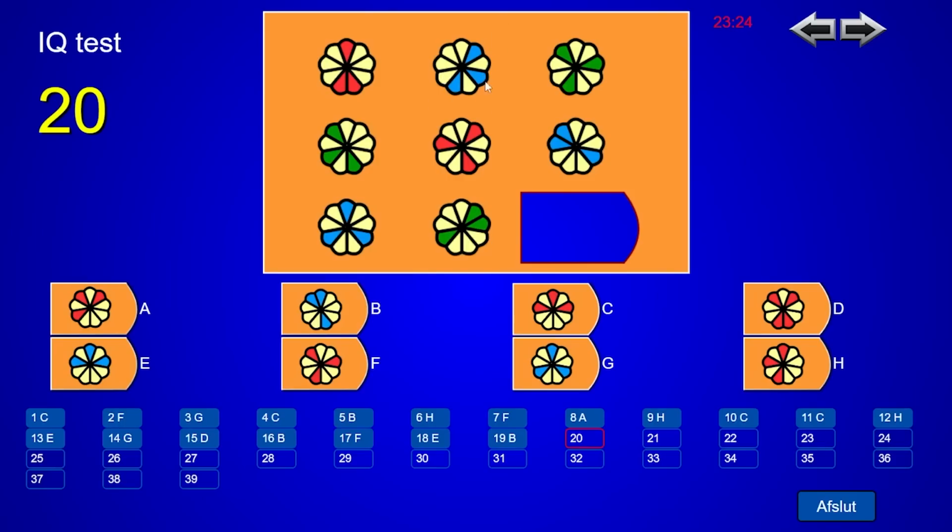So we have 1, 2, but not 3, but it could be an arrow down here as well. And then this one, let's call it a flower, because it looks the most like a regular flower. We have 1 of those in green, 1 in red, and 1 in blue.